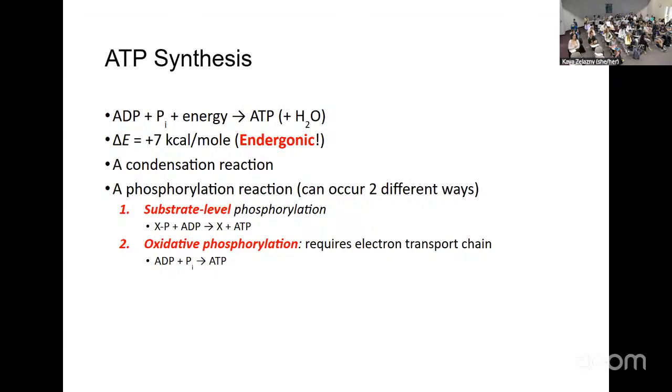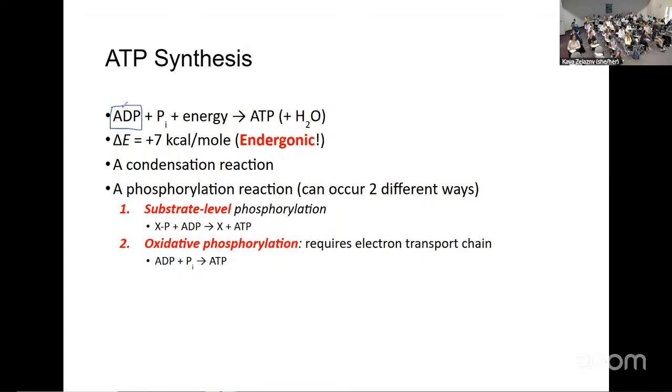Okay. So here you can see the exact number on that, although I won't be asking you for that. So we can see that ATP synthesis, right? Synthesis means making something. So ATP synthesis means making ATP. It requires an additional 7 kilocalories per mole in order to form that ATP from our reactants on there, which are ADP, adenosine diphosphate.